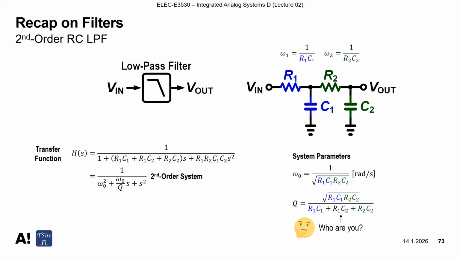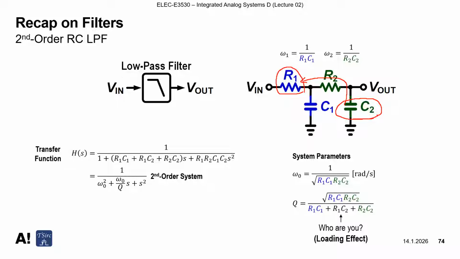Any idea? It's a bit tough, right? So this is indeed because of the loading effect. What do we mean by loading effect? When we think about this R1C2, it looks like this C2 has some relationship with R1, right?